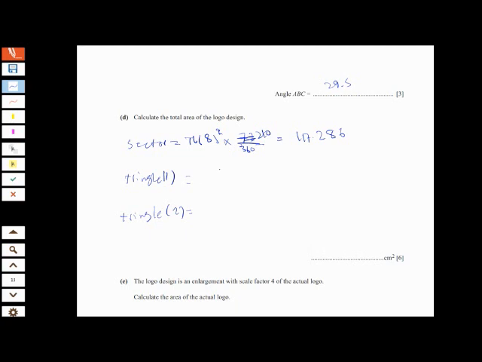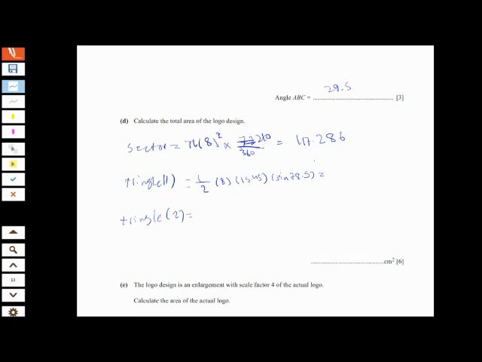So now for triangle 1, using the formula, which is half times AB times sine of the angle between them. Half times 8 times 15.45 times sine 78.5. Why 78.5, you may ask?